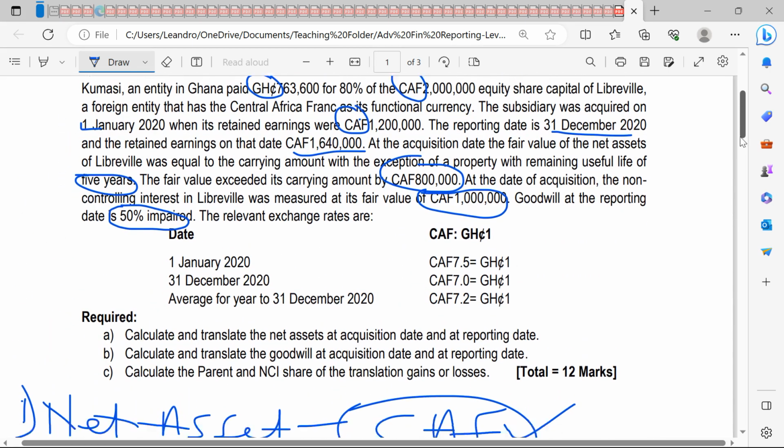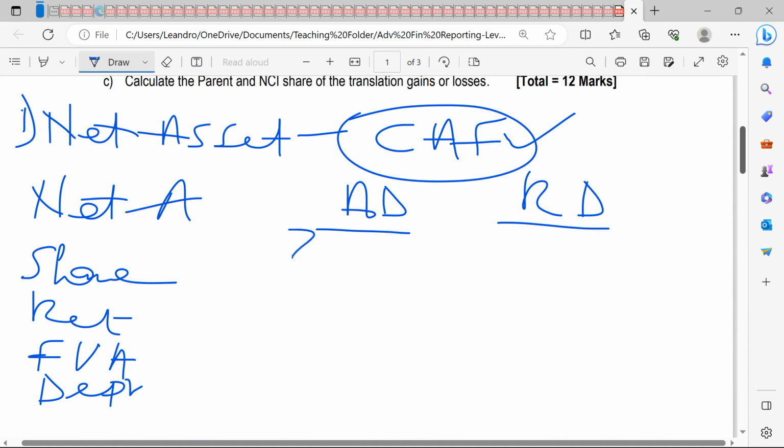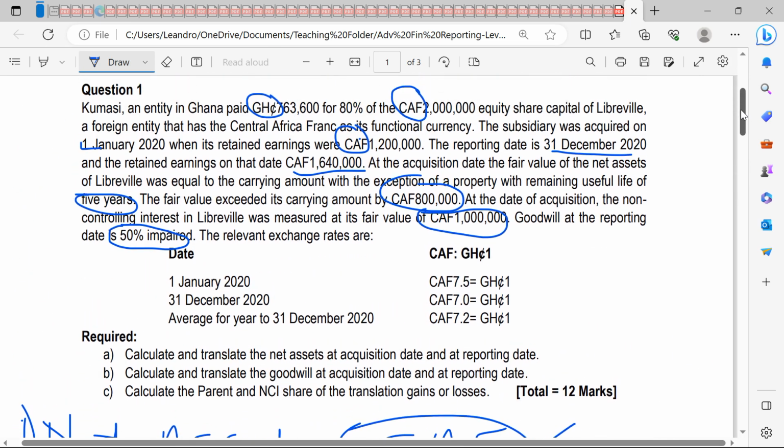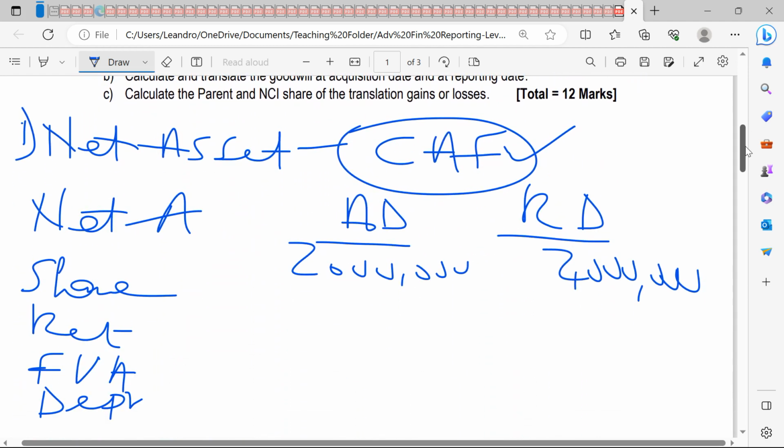So your share capital in the functional currency, and in the question, that share capital is 2 million. So 2 million and 2 million. Your retained earning at acquisition is 1.2 and at reporting is 1,640.